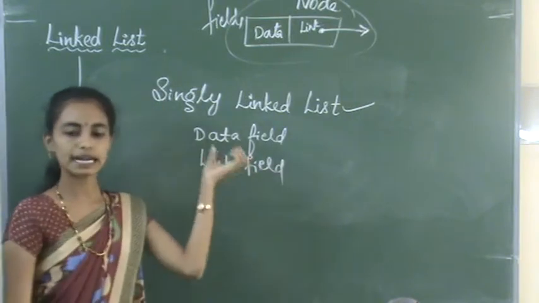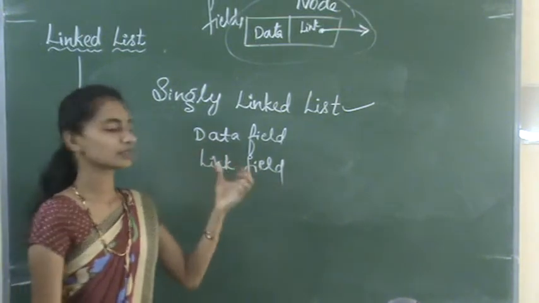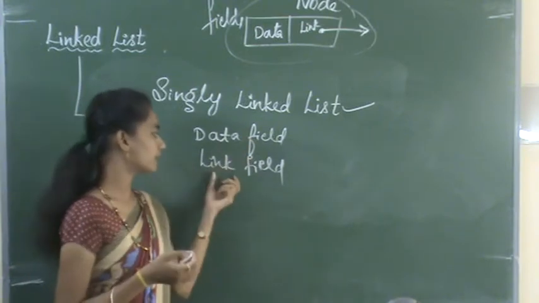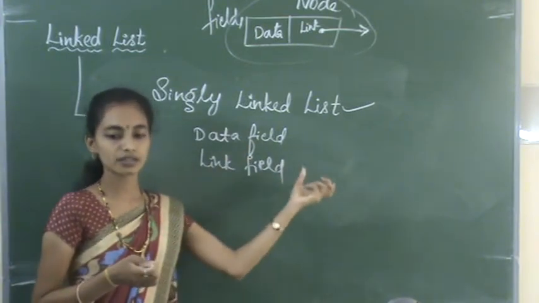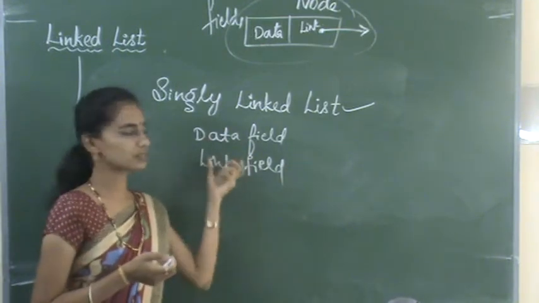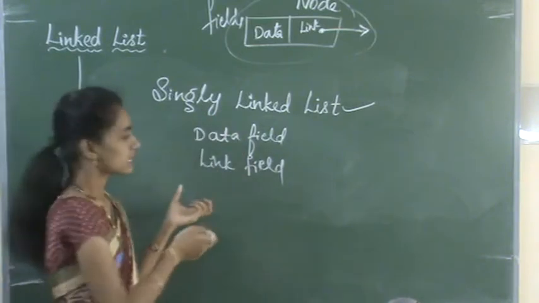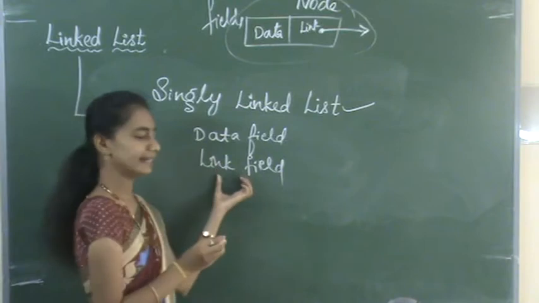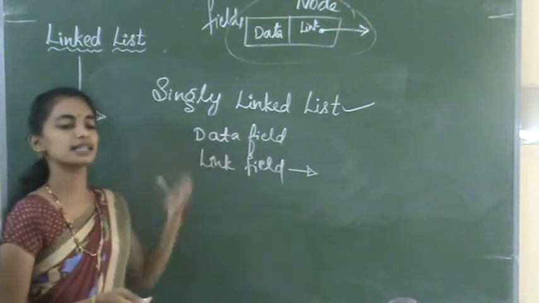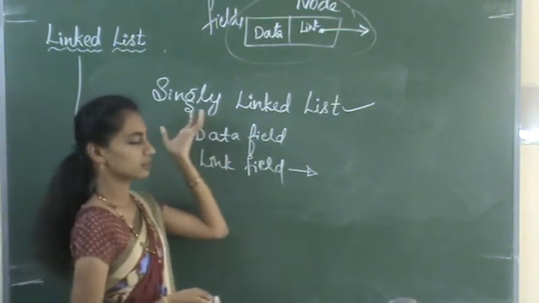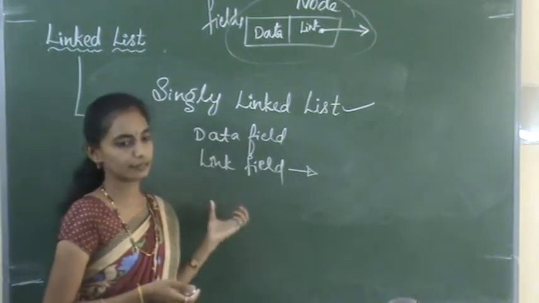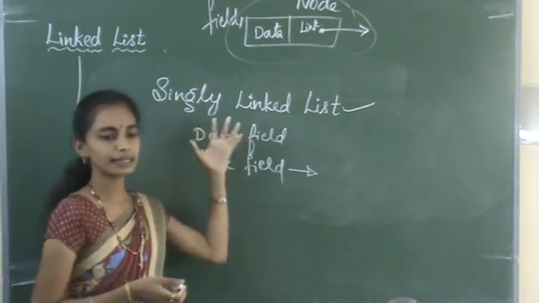The data field contains the data of the node, and the link field contains the address of the next node. Since we have only a single link field, we call this a singly linked list.